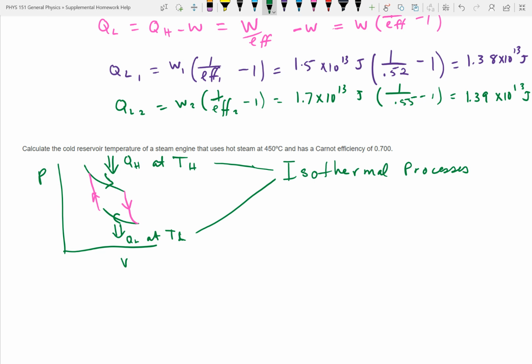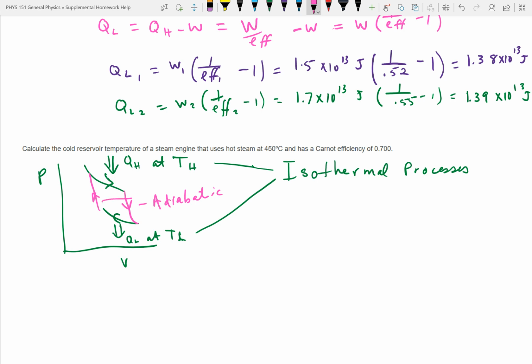So that's an isothermal process, constant temperature. So you have an isothermal expansion, constant temperature, heat is flowing in. And then you have these magenta ones, which are what is called adiabatic. That's not a word that's in most people's vocabularies.